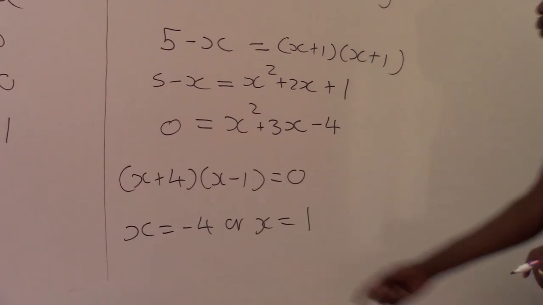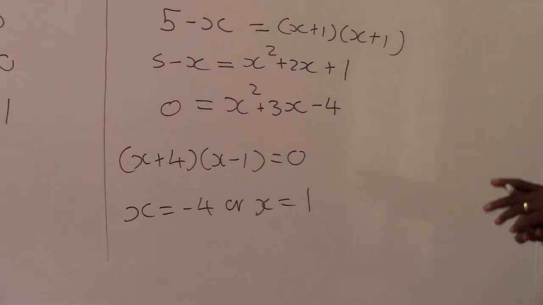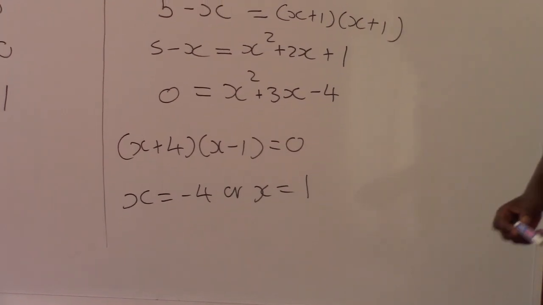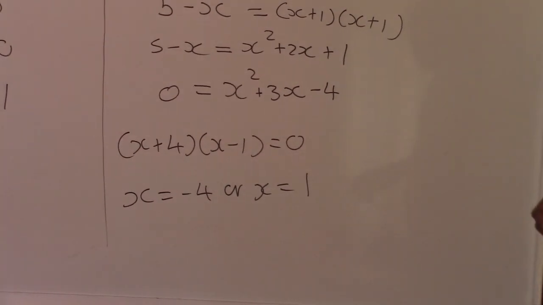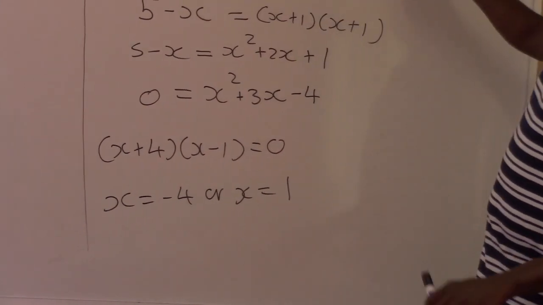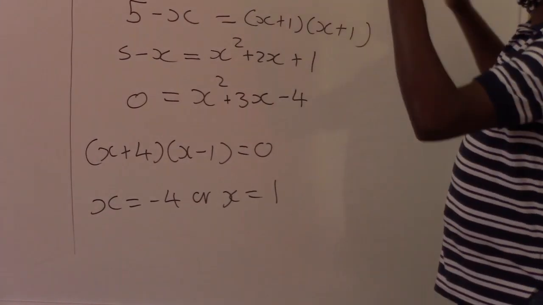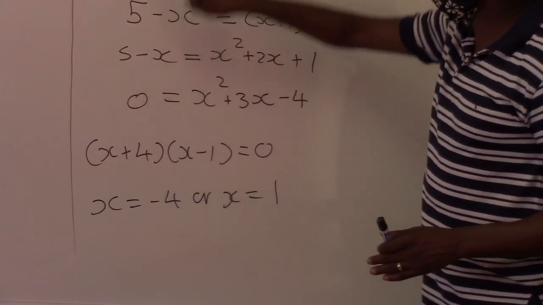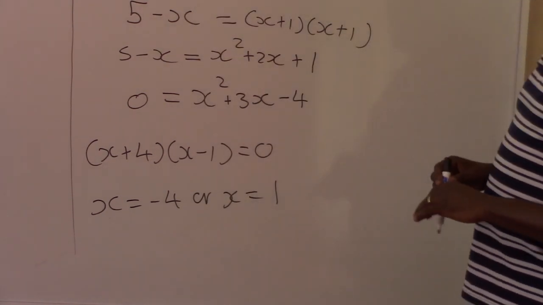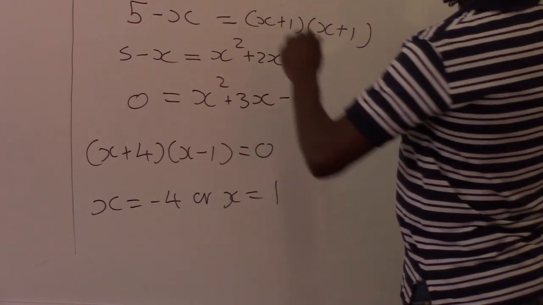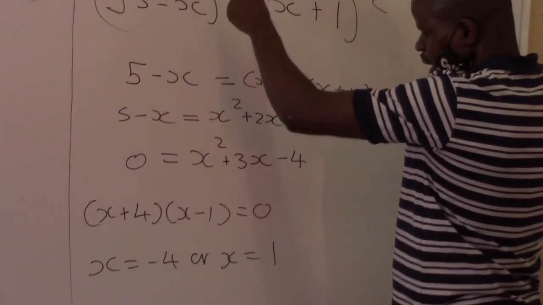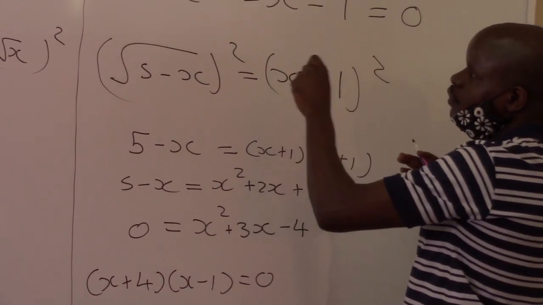Before you conclude which one is the correct one, we need to check which one is going to give us the left hand side and the right hand side being equal. So we substitute -4 where there's x. Here it's 5 minus, open bracket, -4, which is 5 plus 4, which is 9.